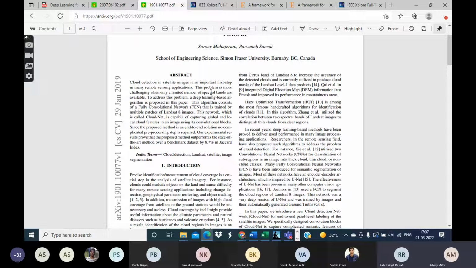The number of spectral bands can vary from satellite to satellite, and even within a satellite they may vary in certain circumstances. To address this problem, a deep learning based algorithm is proposed in this paper. This algorithm consists of a fully convolutional network (FCN) that is trained on multiple patches of Landsat 8 images.